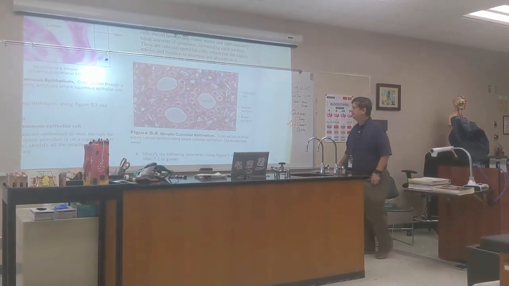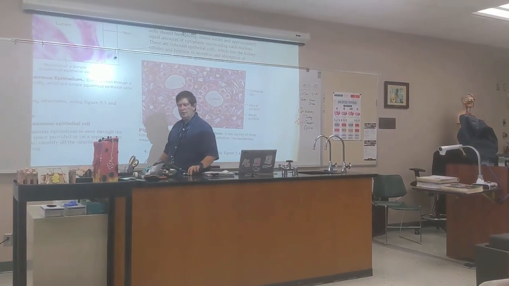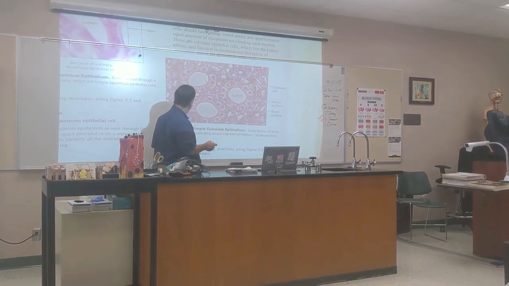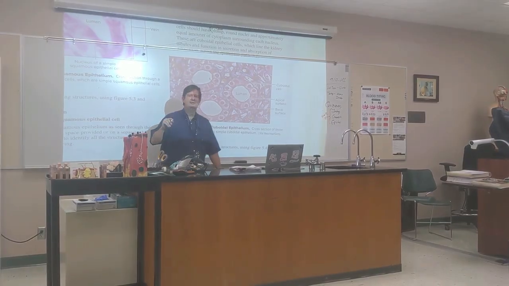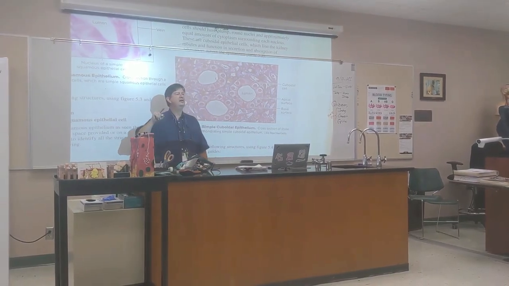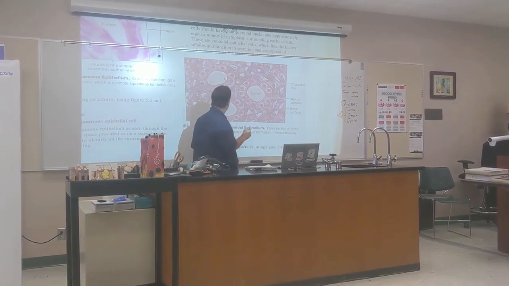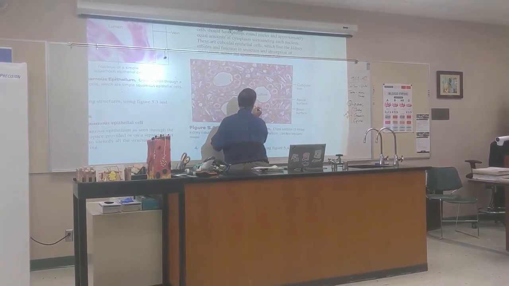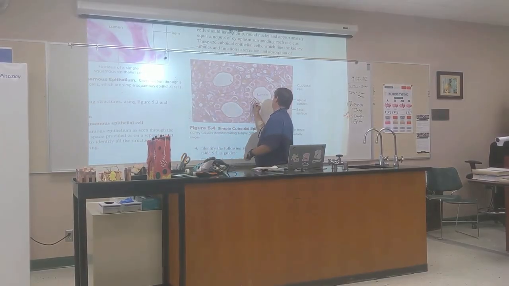Good. All right. And if you look, simple cuboidal is one of those things you can mess up very easily because, more than any of the other tissues, this is a use-your-imagination tissue when we tell you it's cuboidal. Let me explain. There are some that very much, I'm tracing an outline here, resemble a cube, and they have a nice big round nucleus.